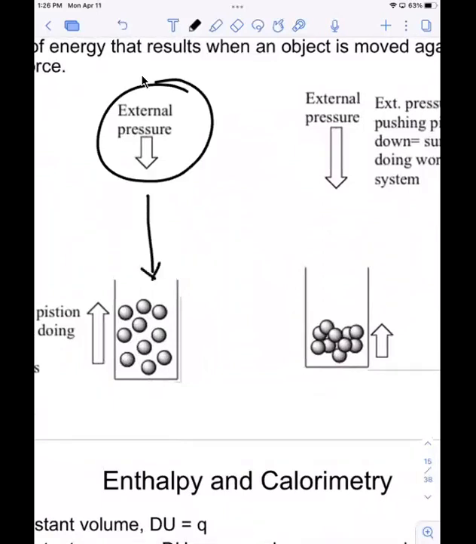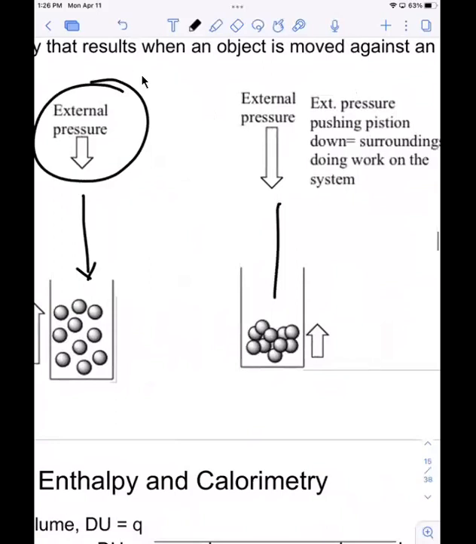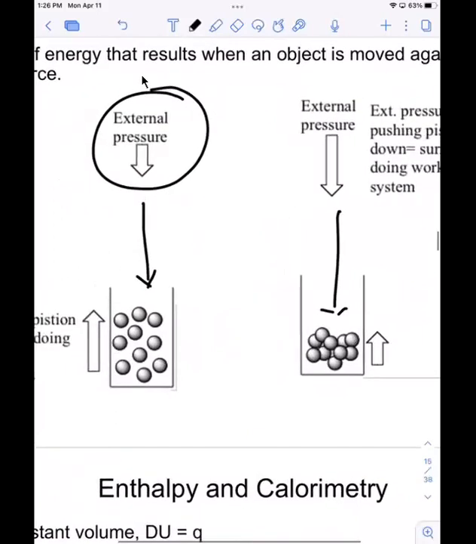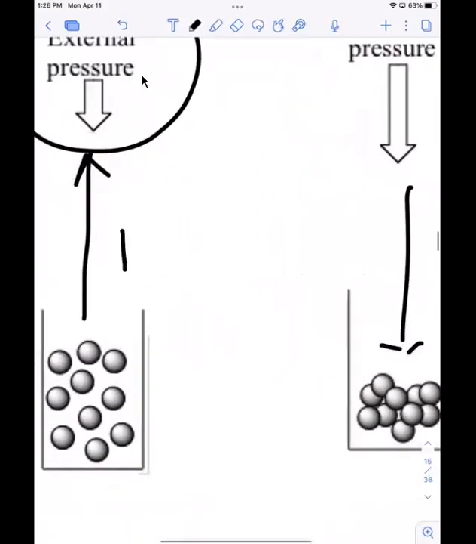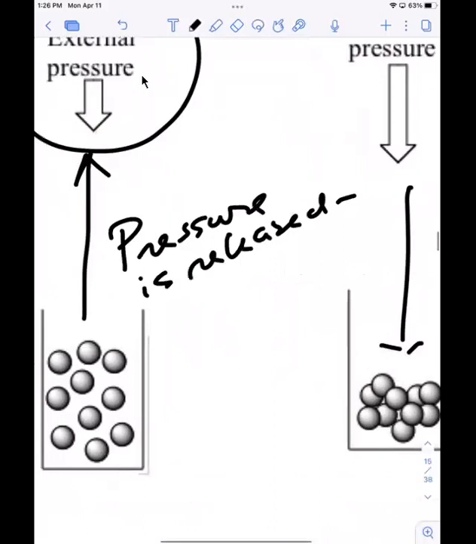I'm adding it here, right here. But in the case of the system doing work on the surroundings, the pressure is going this way, right? So as this is released, the energy of that system is going to decrease.